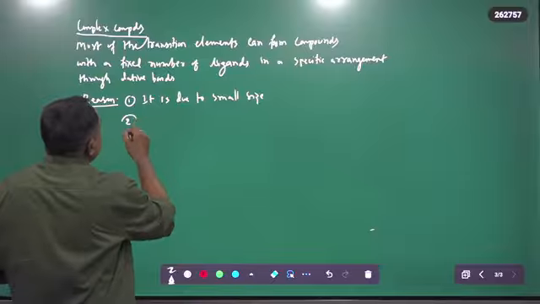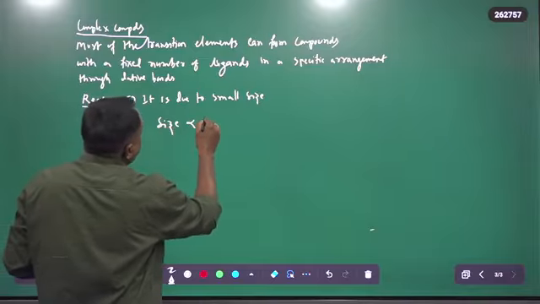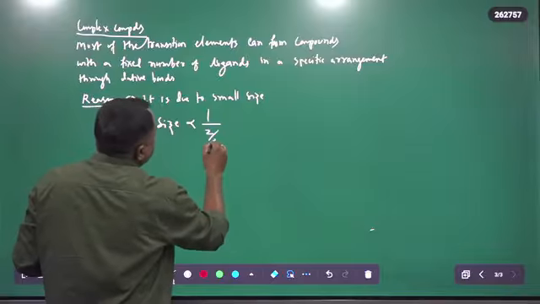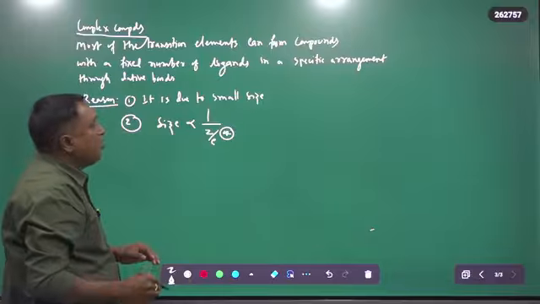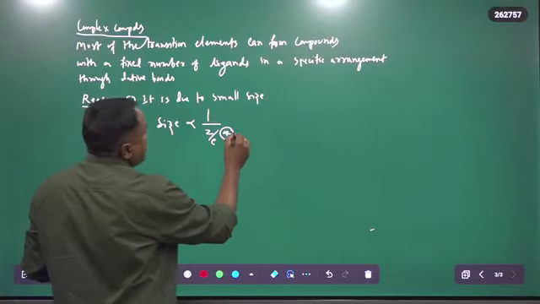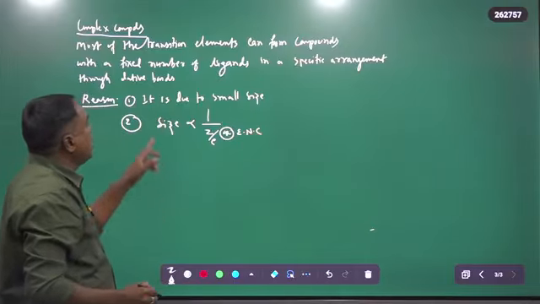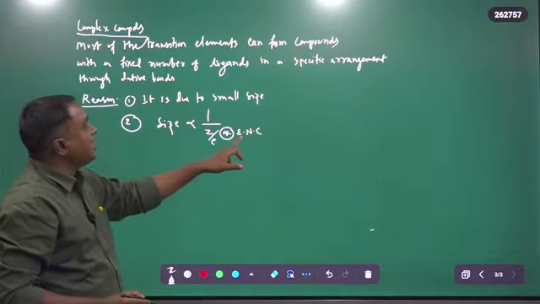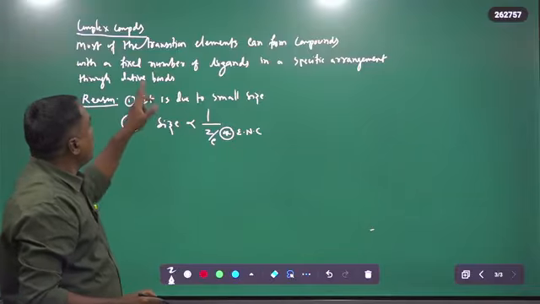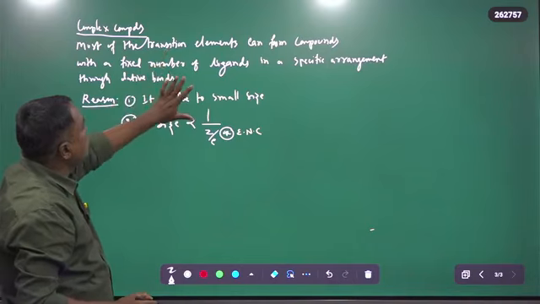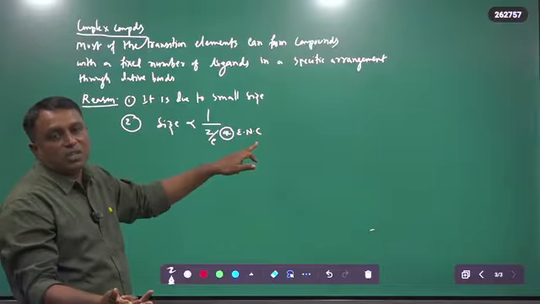Size is inversely proportional to Z by E, which is also called the effective nuclear charge. So smaller the size, greater is the effective nuclear charge. Therefore, transition elements having small size means greater effective nuclear charge.